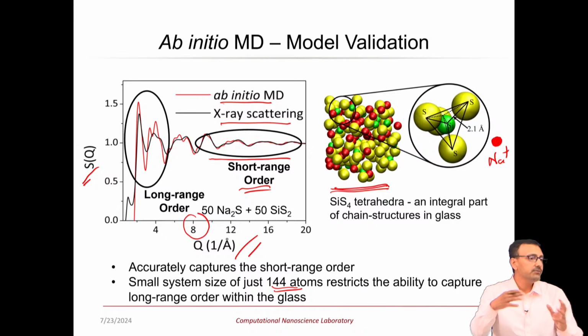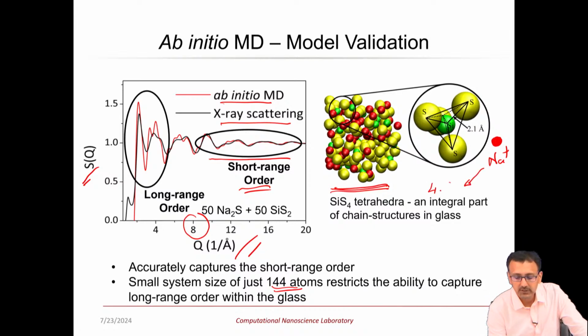To determine that, we calculated the coordination number, which comes from the pair distribution function. We found that the sodium ion on an average is coordinated fourfold with both sulfur and silicon, meaning SiS4 tetrahedral units.